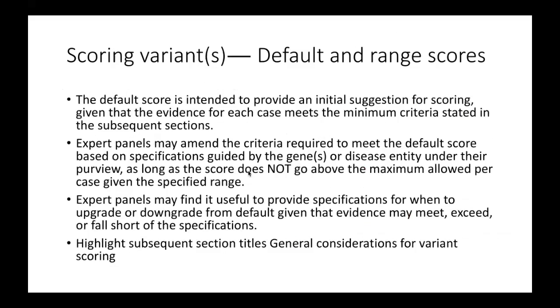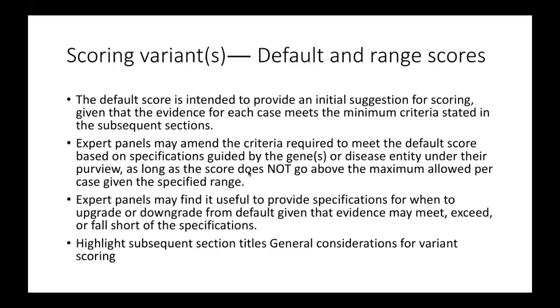Another new section that we have included is scoring variants and giving details about default and the range scores that are supplied for each of the categories for variants. We do indicate that the default score is intended to provide an initial suggestion for scoring, given the evidence for each case meets minimum criteria that were stated in the subsequent sections of the SOP.